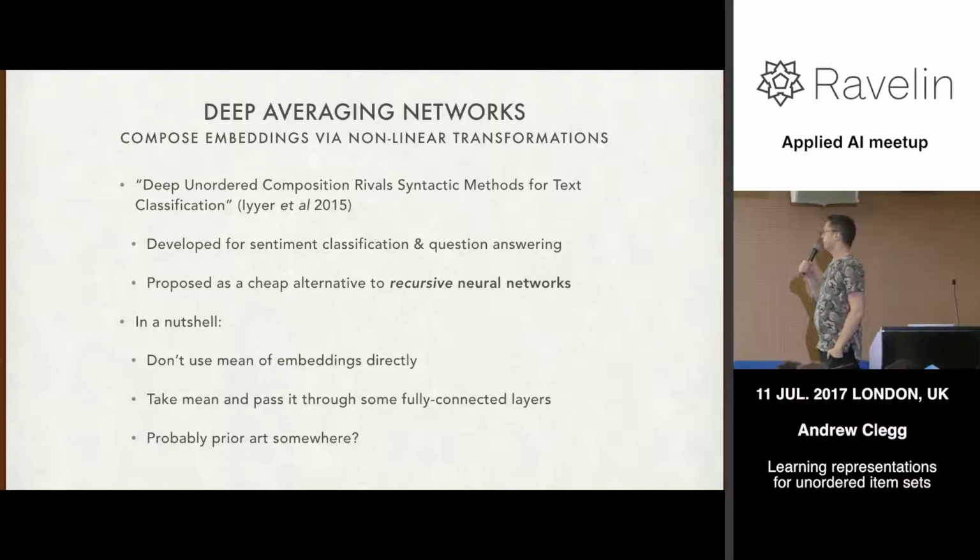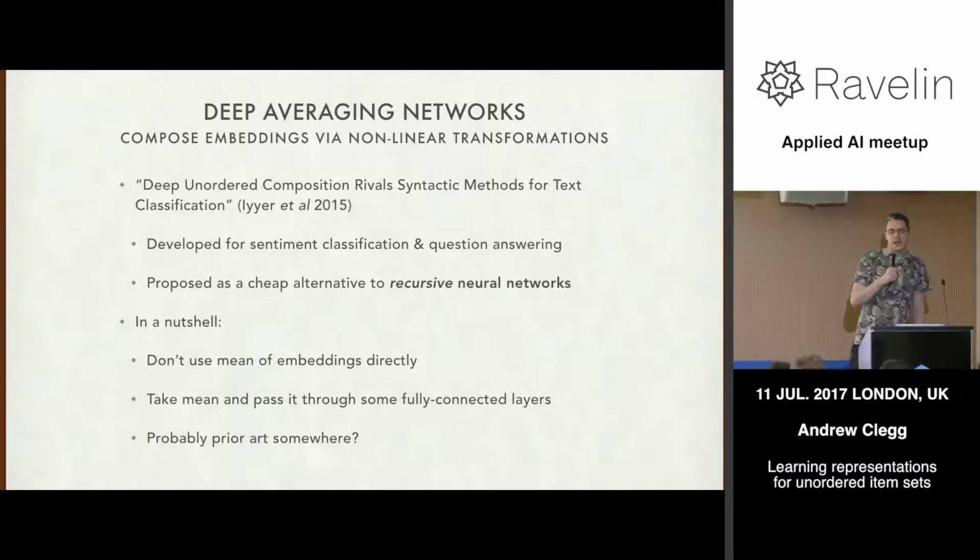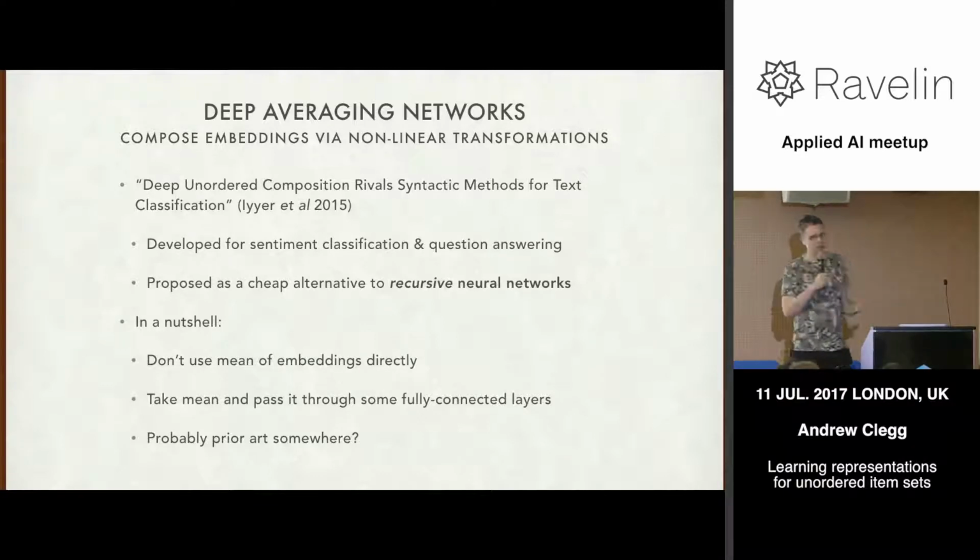So then there's the extension of this, which I really want to get onto, called deep averaging networks, from a paper from a couple of years ago that was really about doing things like sentiment classification and question answering tasks. The authors were trying to find a cheaper alternative to recursive neural networks, the other kind of RNNs. If you're not familiar with those, they're used quite a lot in natural language processing, and they're basically nested structures of neural networks that apply at the constituent or phrase level going up the syntax tree for a sentence.